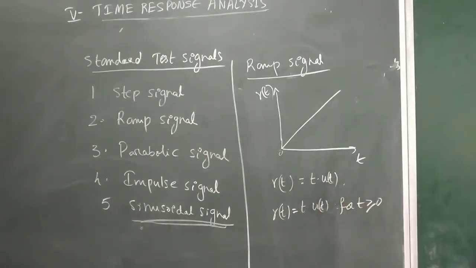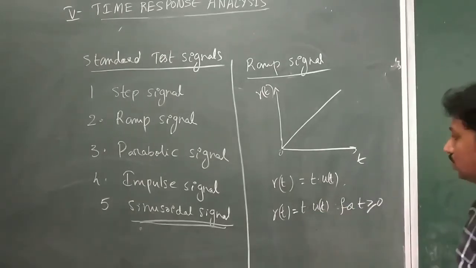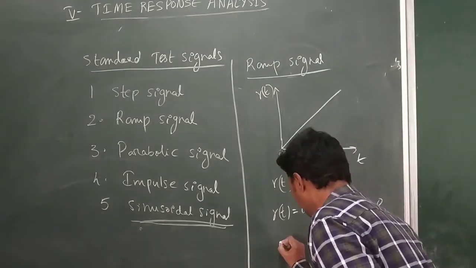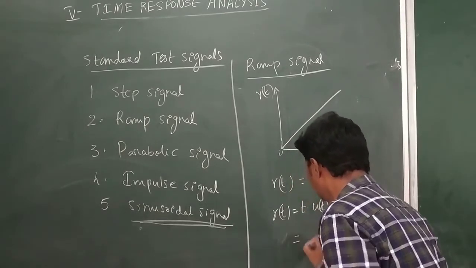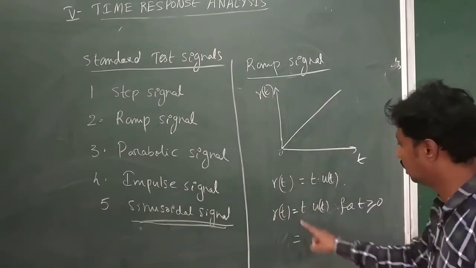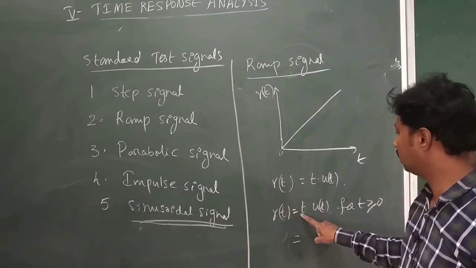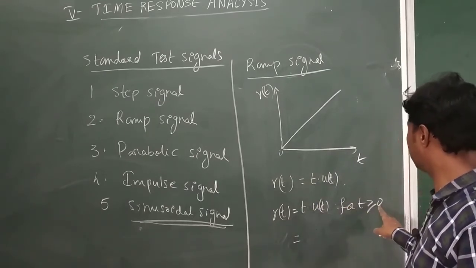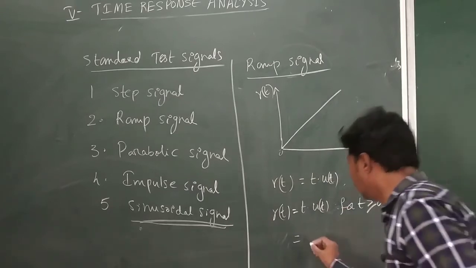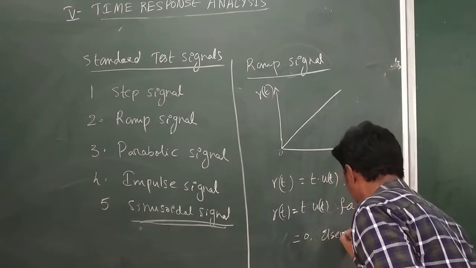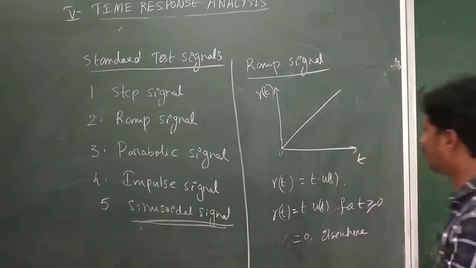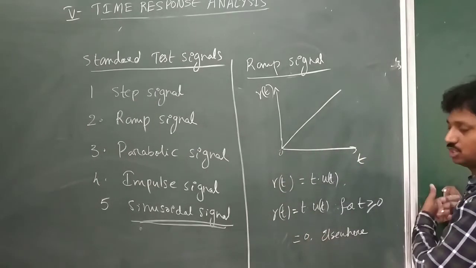Even you can apply the Laplace transform to this. Before that, I missed one thing: R of t is equal to t into U of t for t greater than or equal to 0, and 0 elsewhere. In all other places it becomes 0.